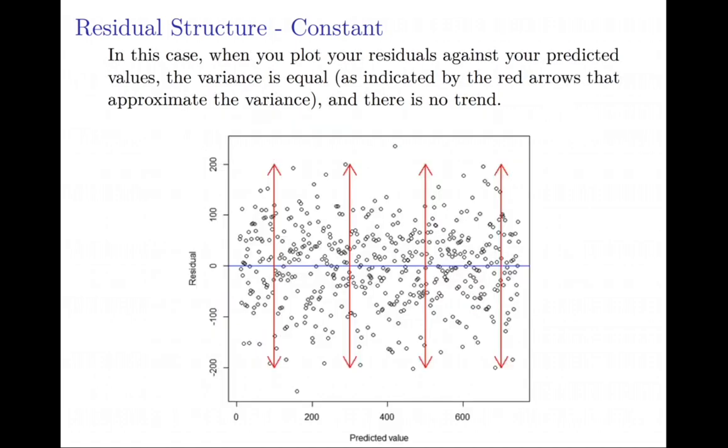And what this looks like when you plot your residuals against your predicted values is that the variance is equal. That's indicated by these red arrows that approximate the variance. You can see that they're all equal in size and that there's no trend with your predicted values.